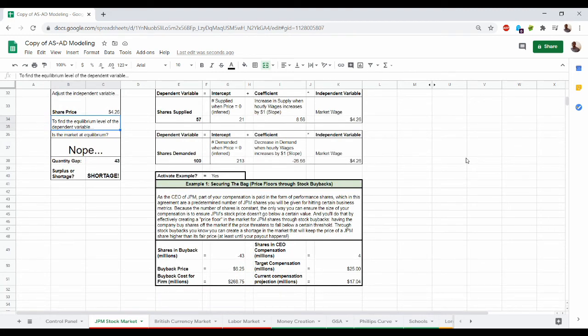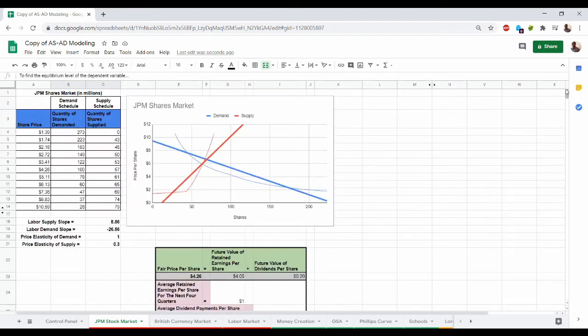Even with government intervention, what typically happens is that the government may have a target for the price that they want to keep something from falling below, but they make that in effect happen by pulling the inventory of that good or service off the market by buying it themselves usually. And in this case, what's happening is that JP Morgan is deciding to buy the shares off the market so that the equilibrium price goes above 426 and instead climbs closer to the $6 range.